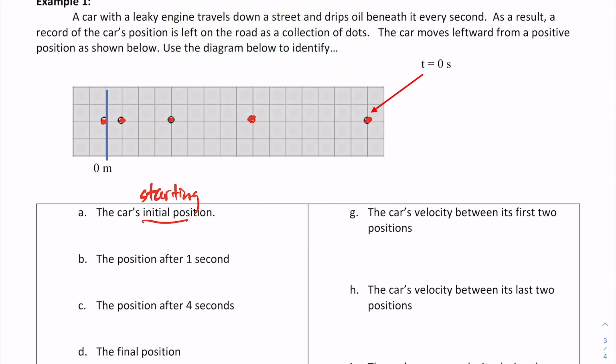And before I get too far ahead of myself, it's usually really helpful in these problems to actually label the diagram with the position at each dot and the time.